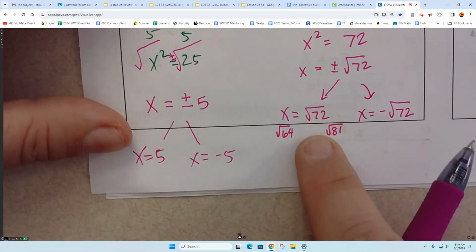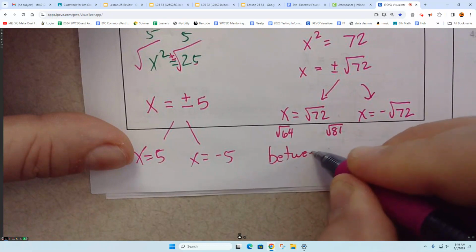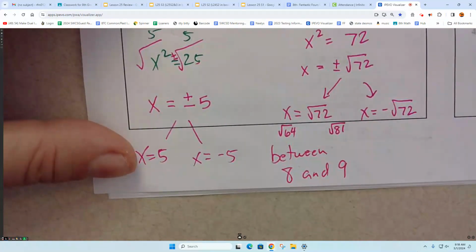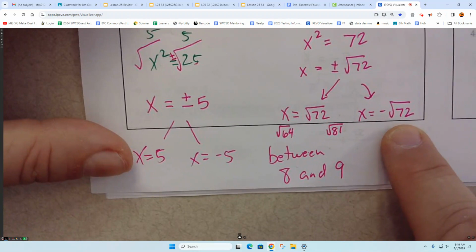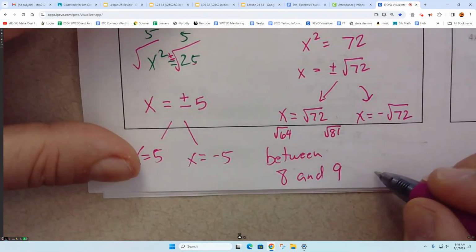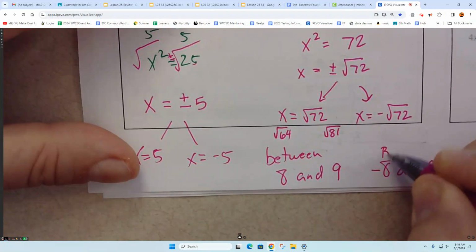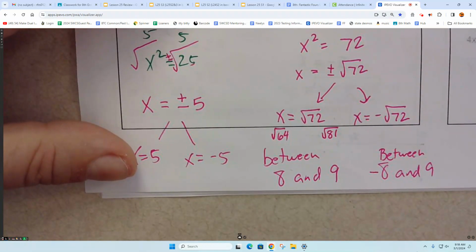So that means that this answer is between 8 and 9. Also, this answer is between negative 8 and negative 9. Okay? So that's what they ask.